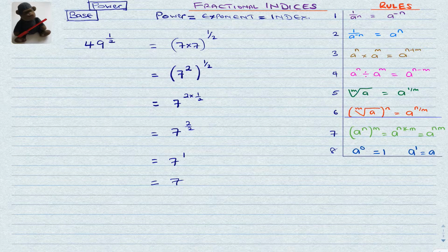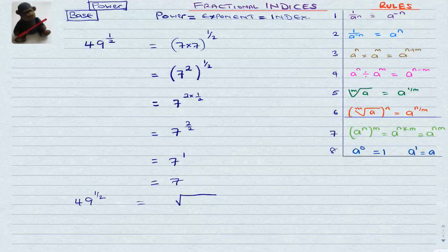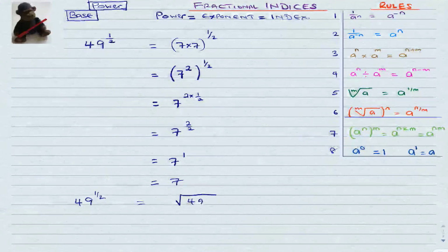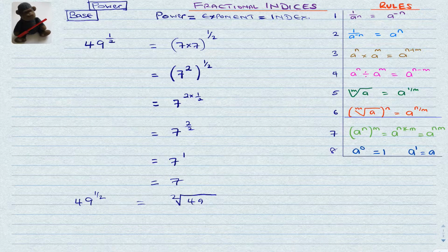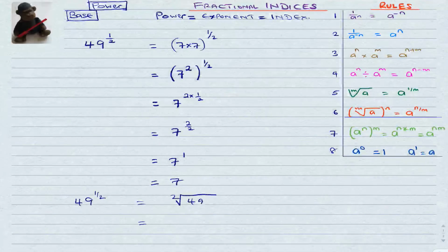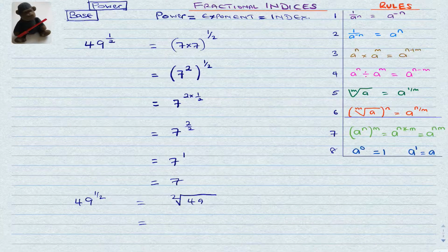Or you could use rule number 5, which says that 49 to power a half equals root 49 of 2. So square root of 49, and square root of 49 is 7. Actually it is plus 7 and minus 7.